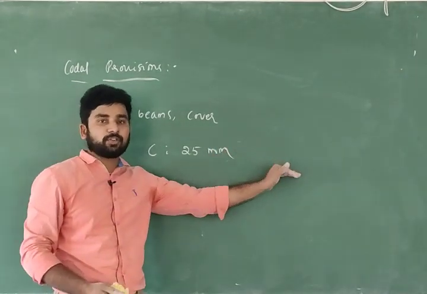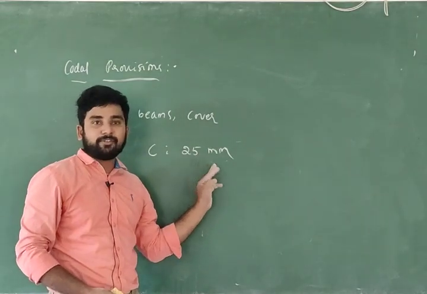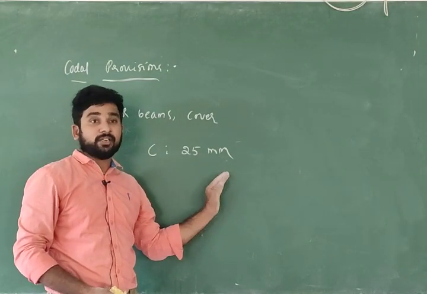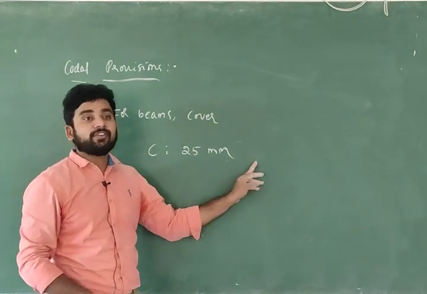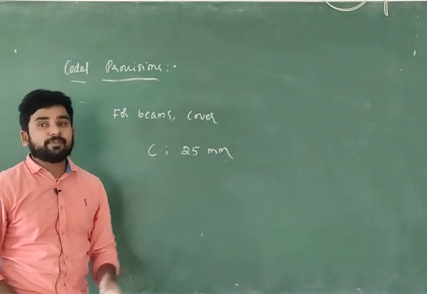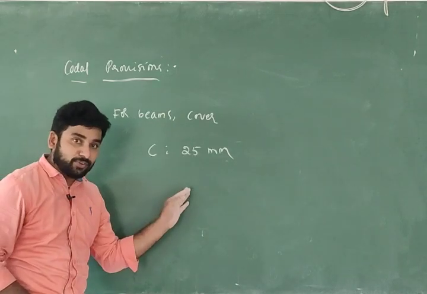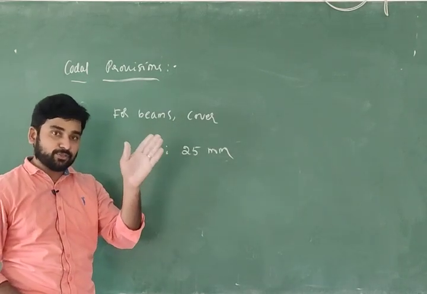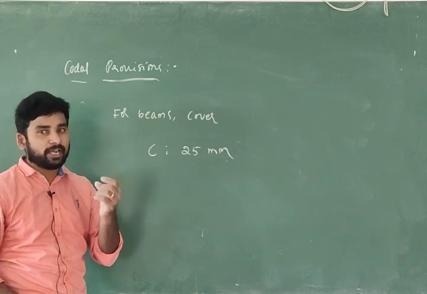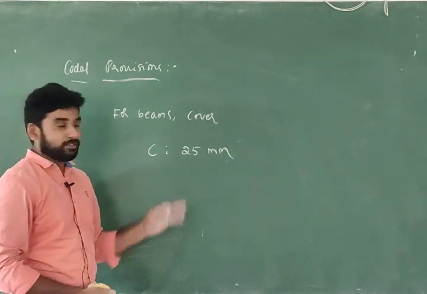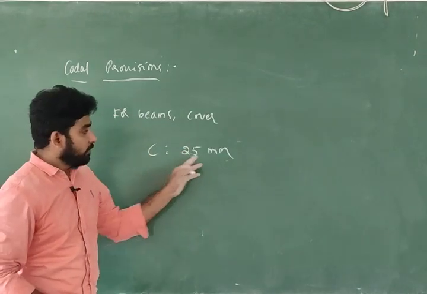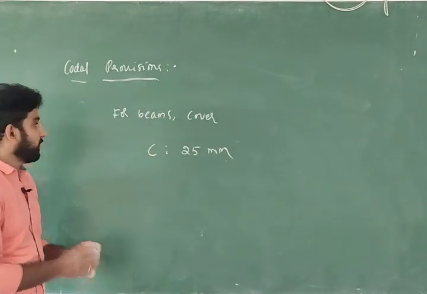You can use more, 30 mm, 40 mm, 50 mm, but 20 mm you should not use. Why do we provide cover? Reinforcement should not be exposed to the atmosphere, otherwise corrosion and weathering will develop. So the minimum cover for beams is 25 mm.